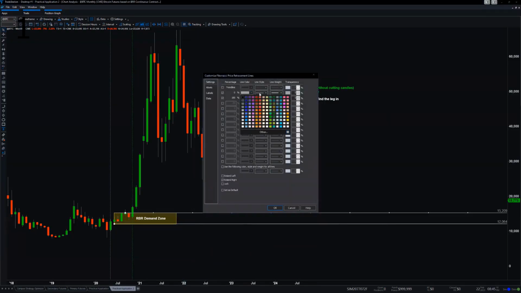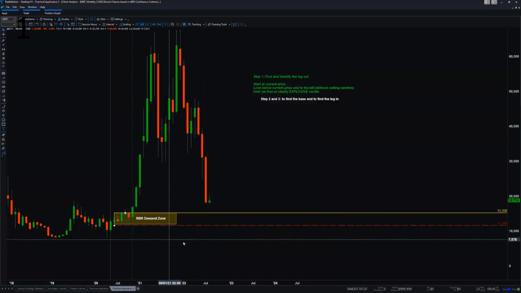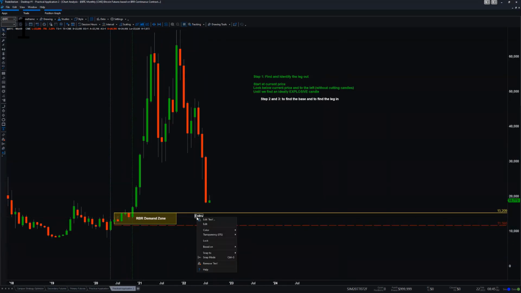Now price is coming close. So now I'm going to place my entry and my stop loss. I have an entry at the proximal, and I have a stop loss at the distal.